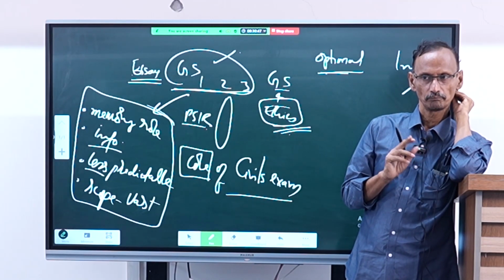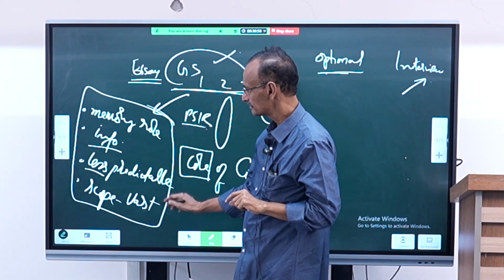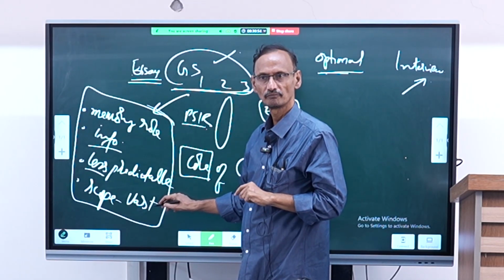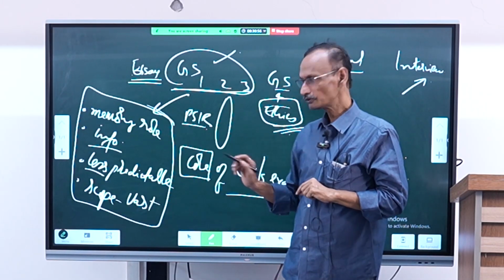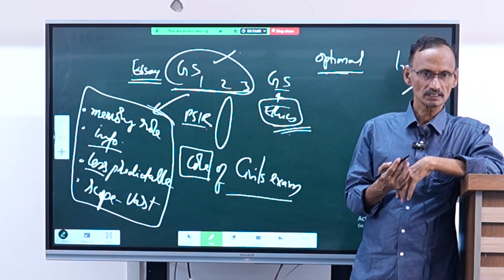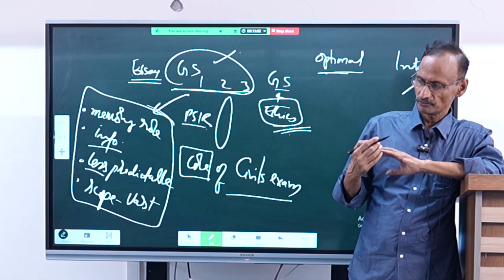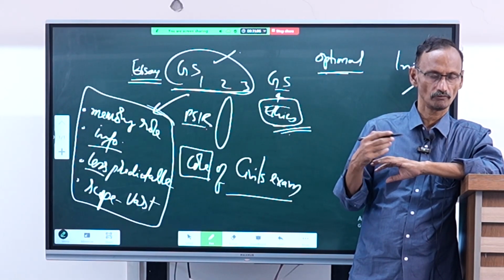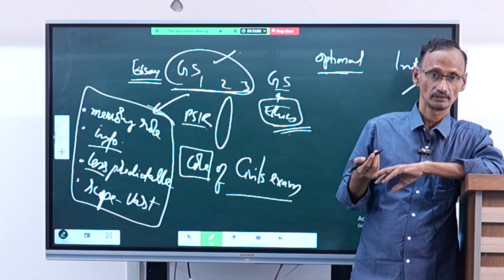Why? Prelims is based on memory, information, less predictability and scope. So to clear this, you need to have a lot of experience, so much acquired information over a vast period of time, many years.